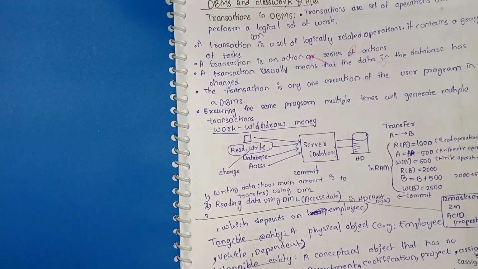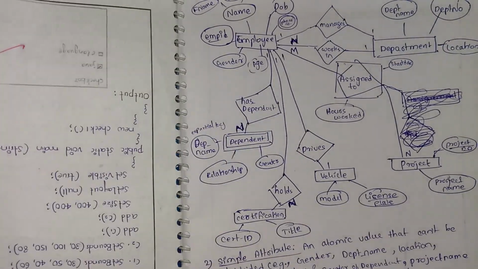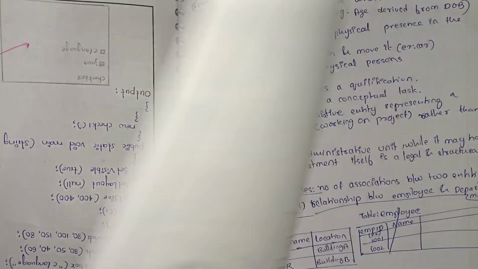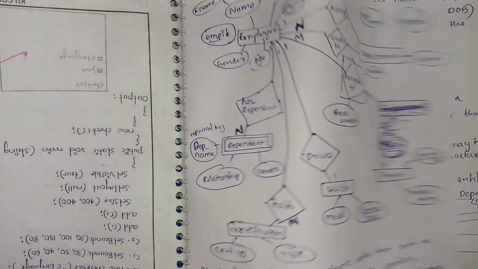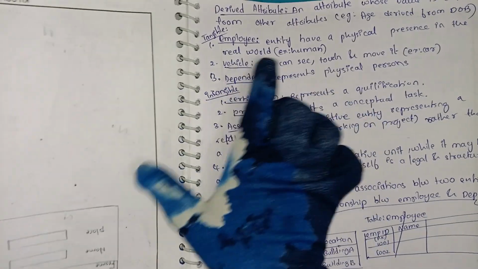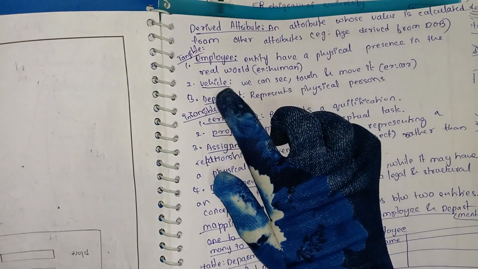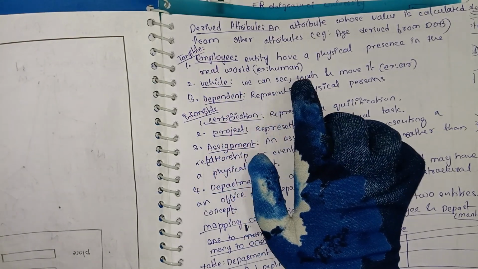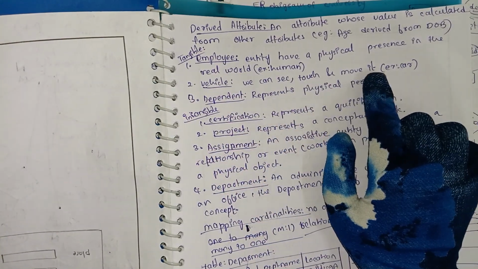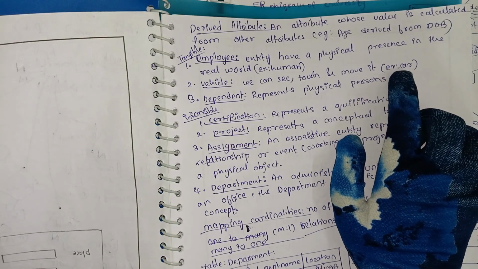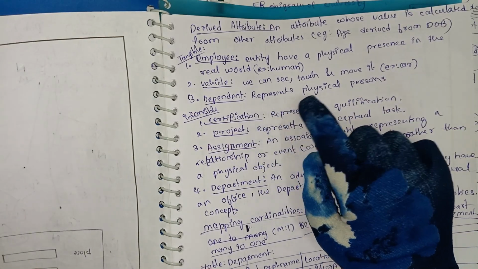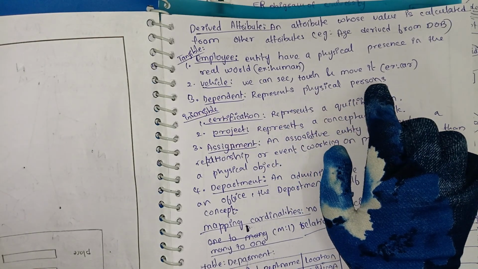So why are they tangible and intangible entities? Employee has a physical presence in the real world, for example humans. Vehicle, we can see, touch and move it, like for example a car. And dependent represents a physical person, okay.